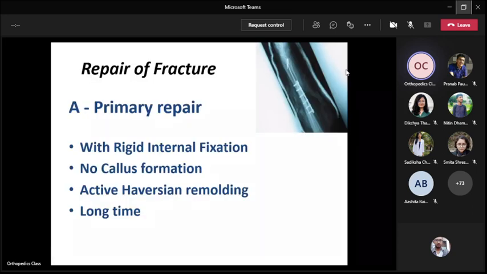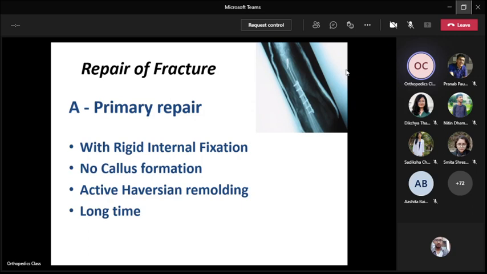Healing of the fractures has two types: primary repair and secondary repair. Primary repair is without callus formation, whereas secondary repair produces callus formation. Bone is a living tissue and it has an inherent character to heal by itself. Like animals, they don't have doctors, and when there is a fracture, even those bones heal.